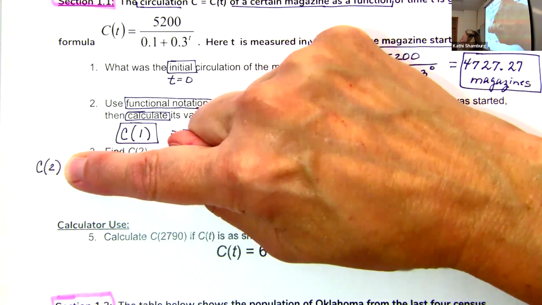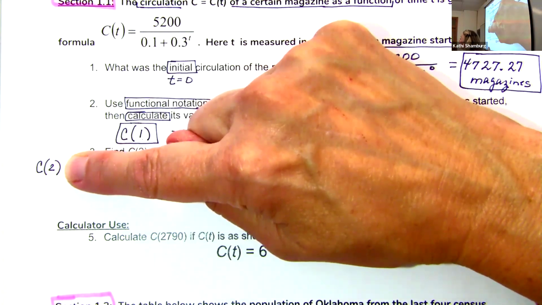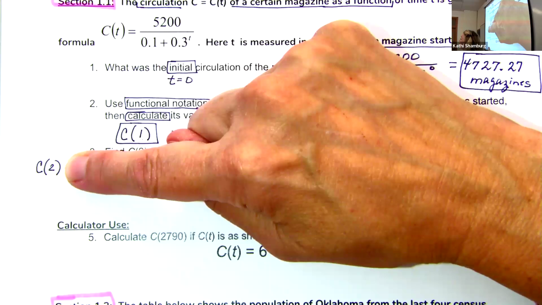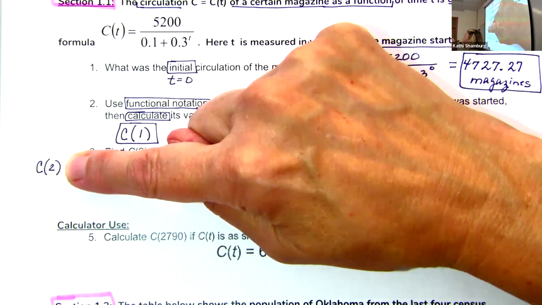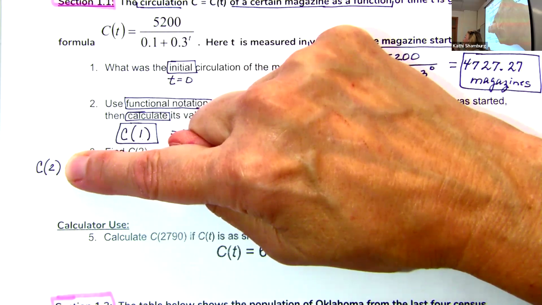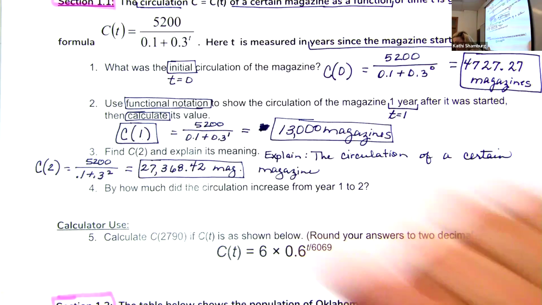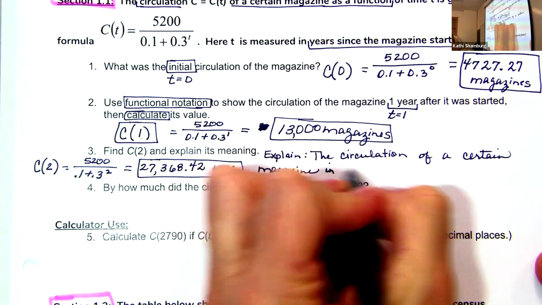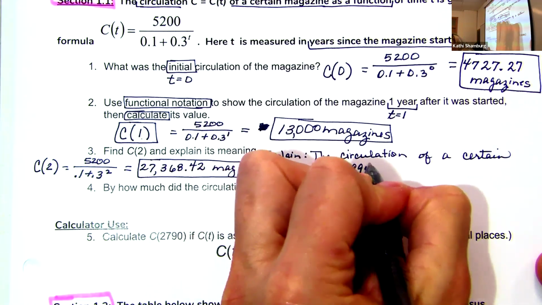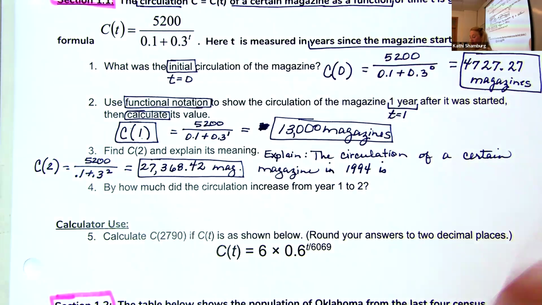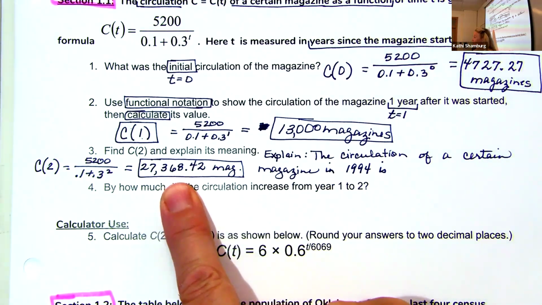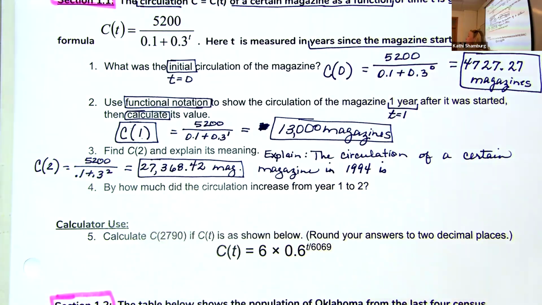Now, what would I put in place of the 2? 1994, because it's 2 years since 1992, so 1992 plus 2 more years is 1994. So this is in 1994, and you could give me this full value that we just did, or you could round it to the nearest whole number, knowing we can't deliver a portion of a magazine.